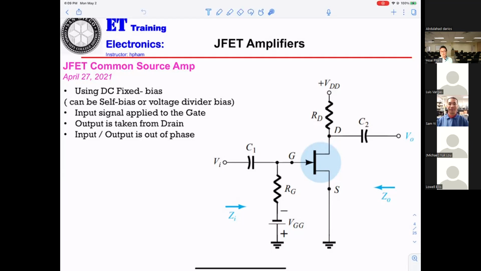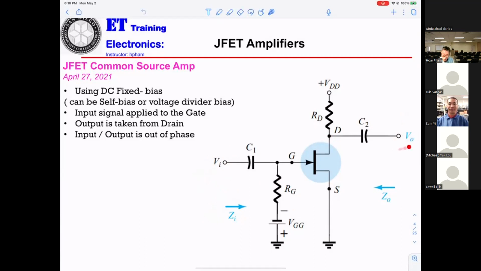Okay. And the other thing we need is the input and output impedance. Input impedance means from the input here, you're looking into the amplifier. How much resistance you see, that will be the input impedance.